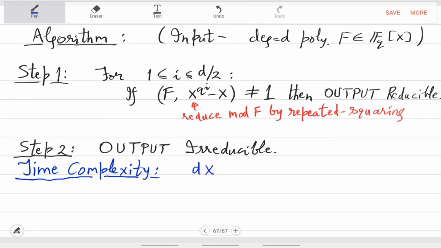The GCD computation, before that you have to compute x to the q to the I mod f, right? How much is that? That is again I log q, so d log q many squarings.